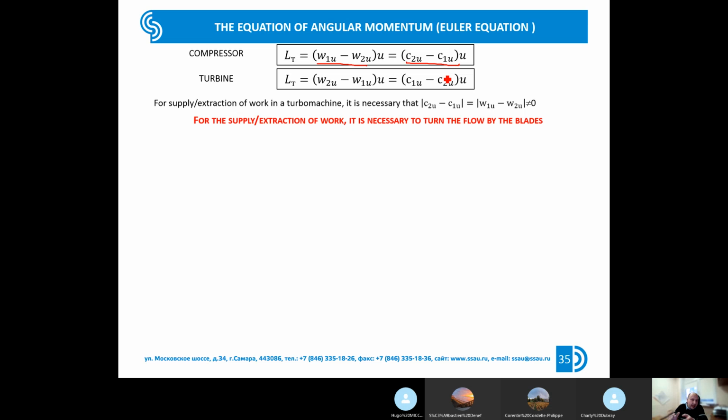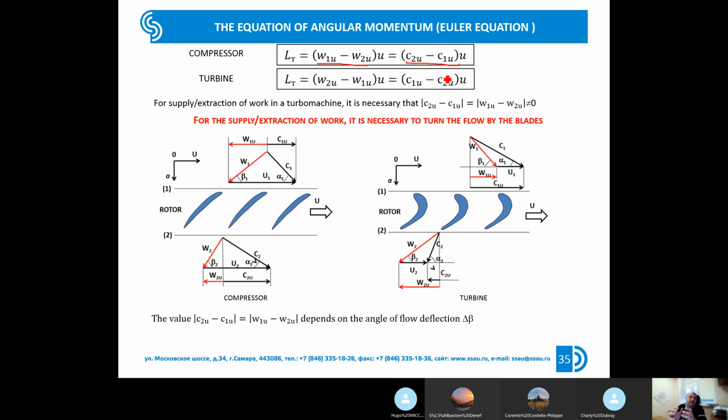You couldn't say, hey, flow, turn 20 degrees. You need to use some devices which will turn the flow to the prescribed direction. And the blades are special profiled elements which turn the flow to the angle which we need.